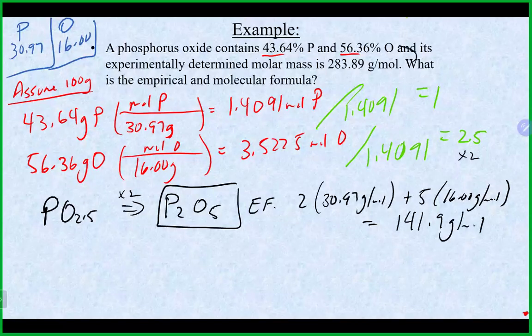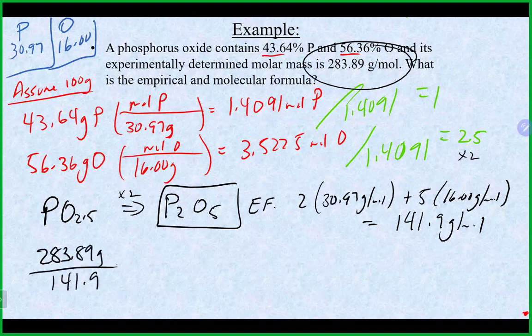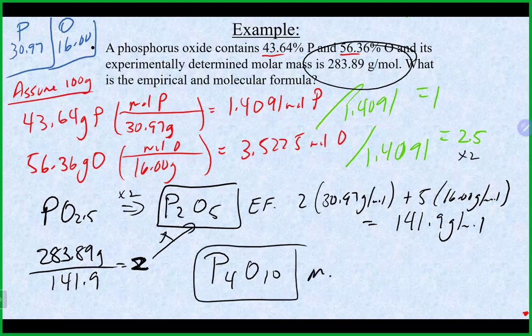We're going to use that and the molar mass that was given to us in the problem here and divide the two. Again, larger guy up on top there. Going to give us basically a 2 in this case when you do that. That is what we're going to multiply this by to get our molecular formula, which will give us P4O10 in this case, which would be our molecular formula. Any questions on that one there?